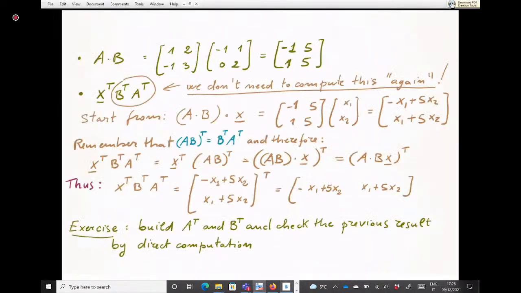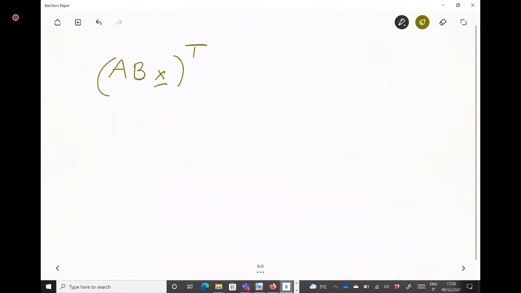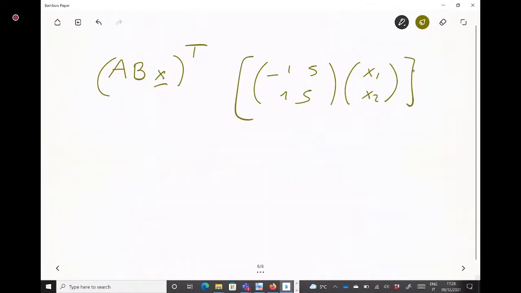I mean, we know already what is A times B, so we can use A times B multiplied by X and then transpose the final result. So A times B is minus 1, 5, 1, 5 times X, and the result transposed.